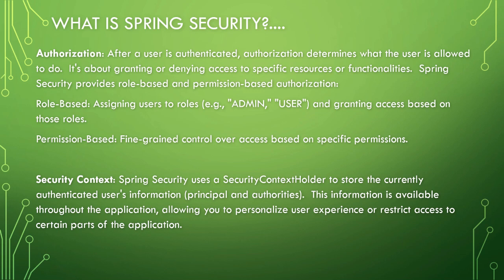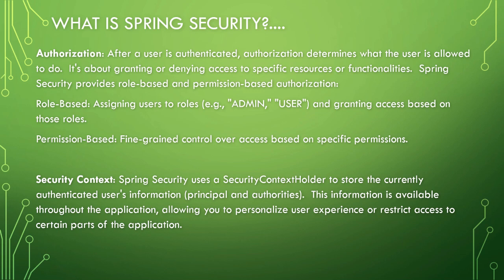Now when it comes to the security context, Spring Security uses a SecurityContextHolder, which stores the current authenticated user. Whatever we discussed in step one about authentication, that user information is stored in it.